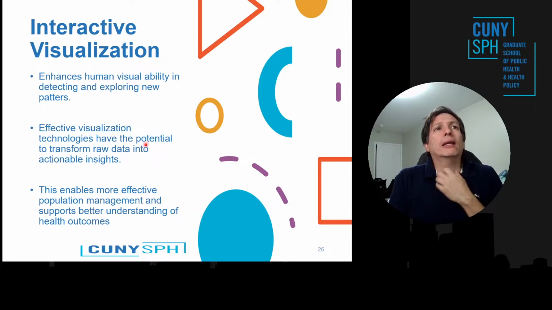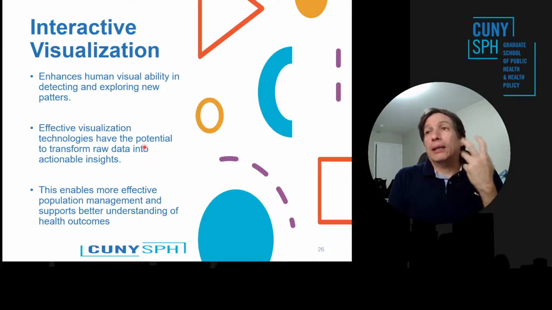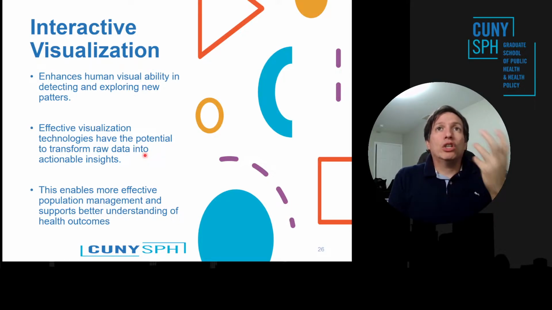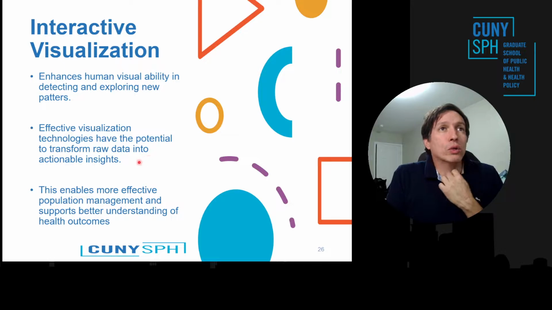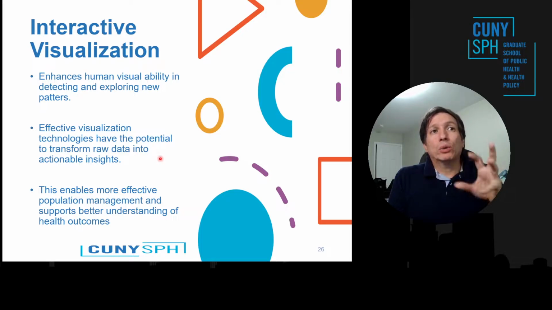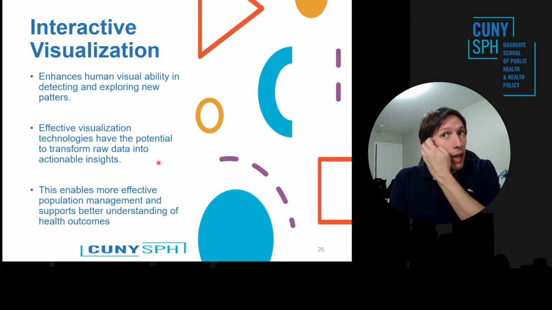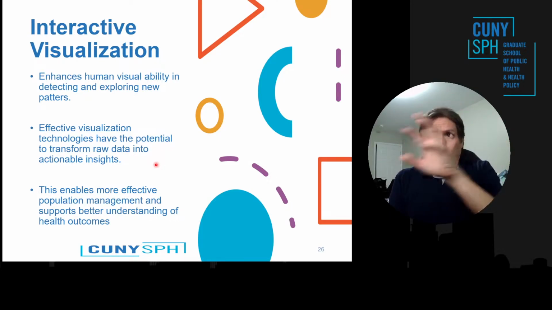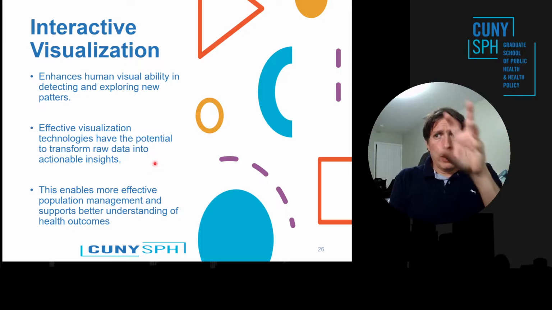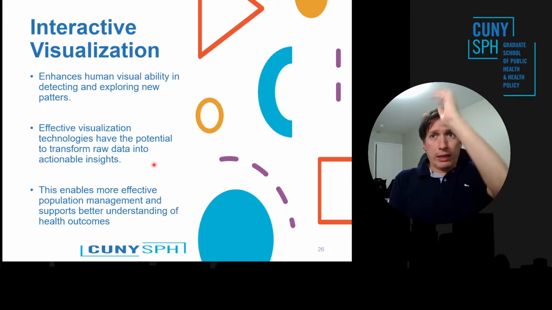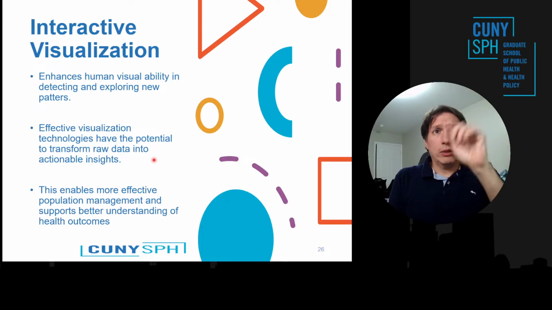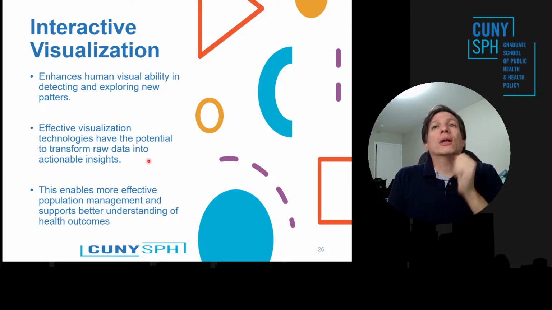I have a missing N here, I'm sorry. And detect those patterns and identify new ways of using the data or understand the data. The new technologies have the potential to transform raw data into really actionable insights, and we can use different techniques in order to say, given this threshold, this is what you should be doing, or trigger this action to the people.